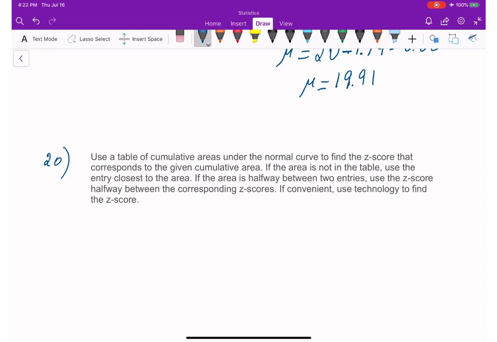So we need to find z-score for probability 0.045. Couldn't be easier. Look in the table 0.05, which is going to be negative z-score table, and you will get the answer negative 1.7.